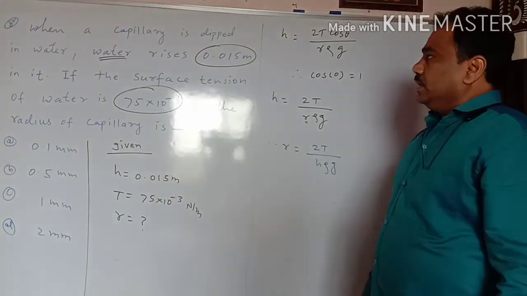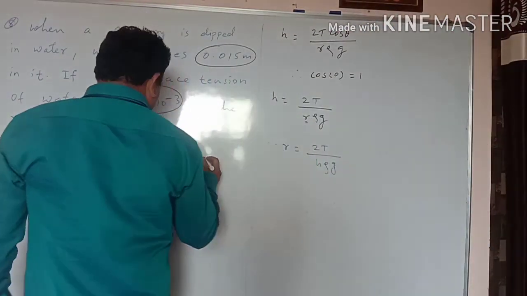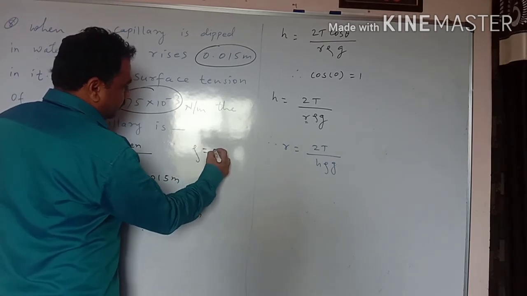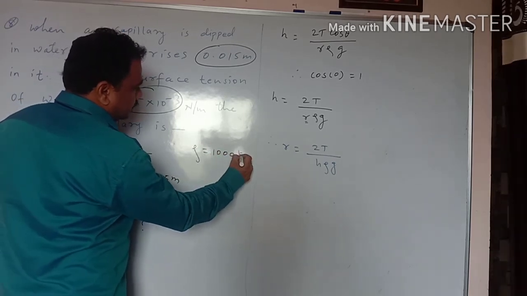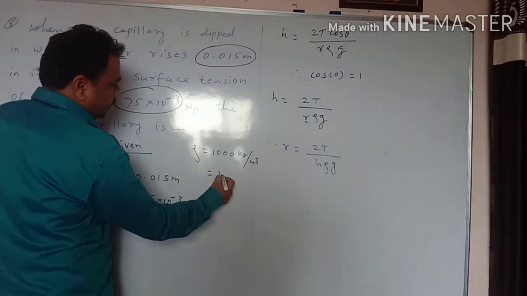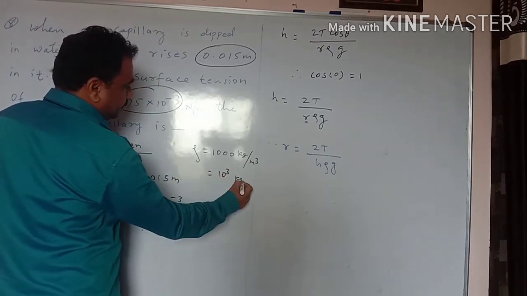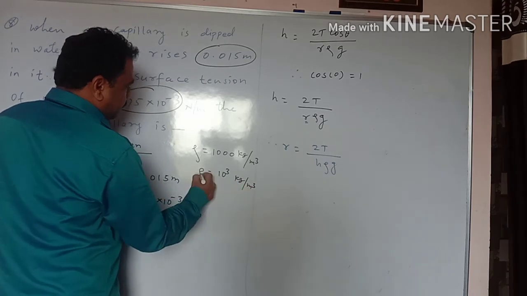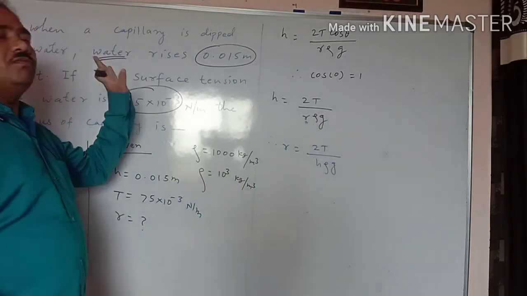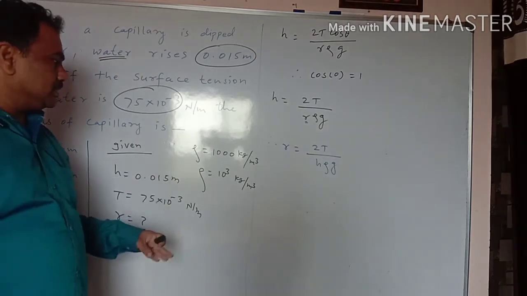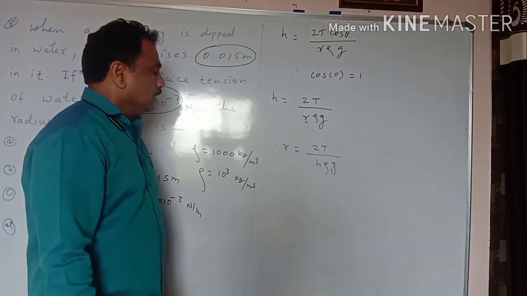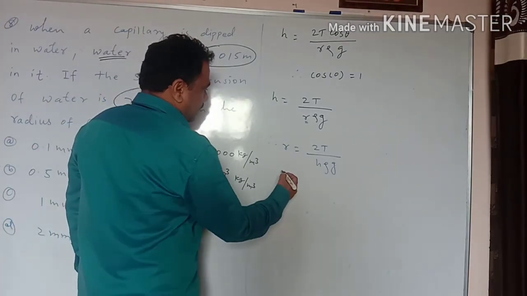You should remember the density of water is always 1000 kg per meter cube. So 1000 means 10 to the power 3 kg per meter cube. Therefore density is equal to 10 to the power 3 only for water. So substitute all the values here.